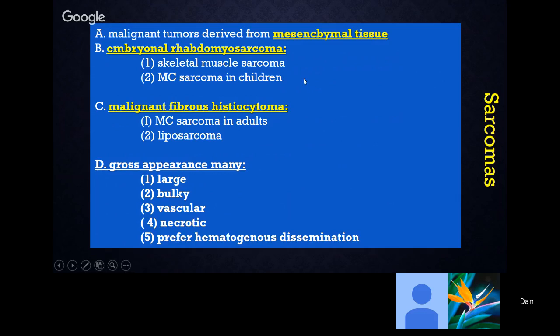We're going to see some of what is most common later on, but this is just an introduction to the different types. The malignant fibrous histiocytoma, which is the most common sarcoma in adults, and for example, liposarcoma is one of them. And remember that all these types of tumor usually are pretty much vascular, with a lot of necrosis, like many of the malignancies. And one thing that is important, they are very large type of tumors.